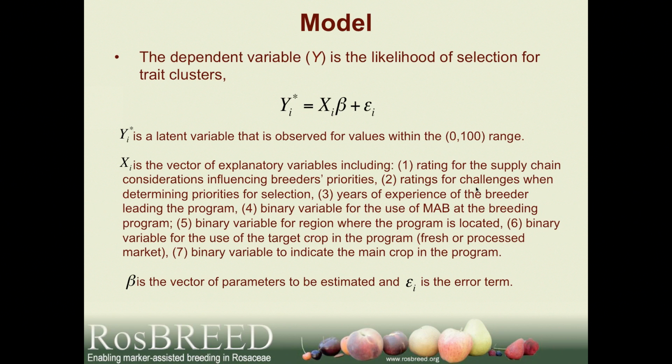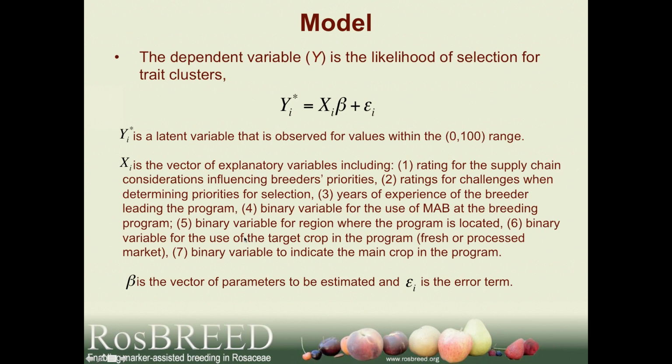The third one is the years of experience of the breeder leading the program. The fourth one is the binary variable for the use of MAB at the breeding program, 0 or 1. If they use MAB, it's going to be 1. If the breeding program didn't use MAB, it's going to be 0.